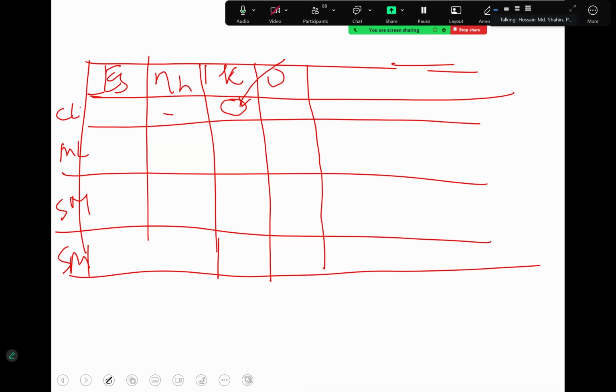So Poisson's ratio will be just after ES. Use here, for CL, what you have to use? 0.40. For ML, it is 0.30. For SM, what you have to use? 0.25. So it will be easy for your task, as I have given all the values.